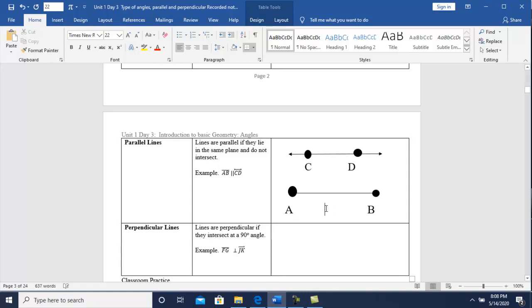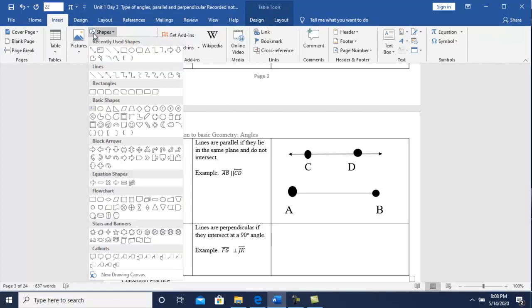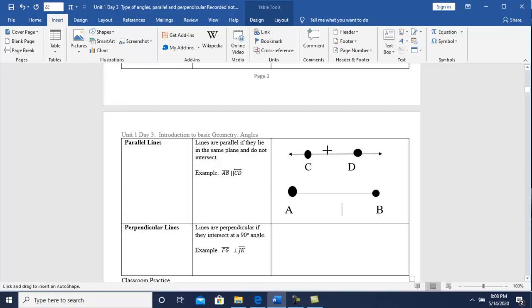Now what we're going to have to do is put a notation that these two are parallel.